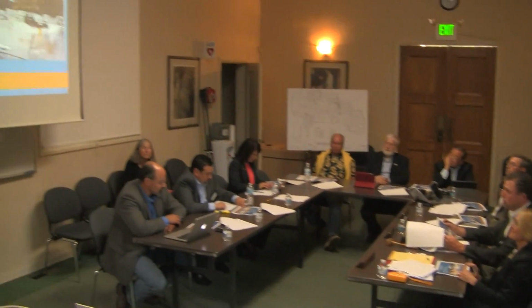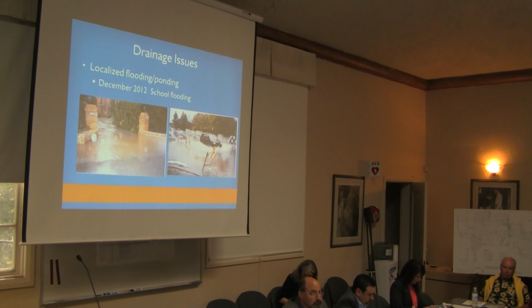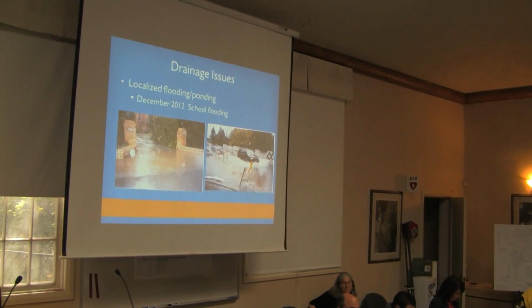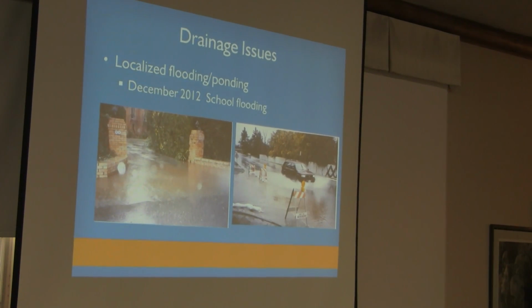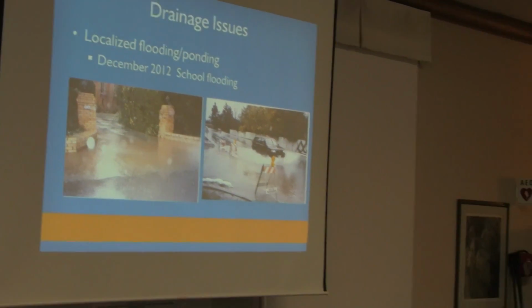And then this second slide represents some localized flooding and ponding. As we discussed with Gordon and Mike and Steve, we have to be clear of one fact: in the town of Atherton, you do not have any flood control system, which means anything more than 10 years flow will flow on the street.